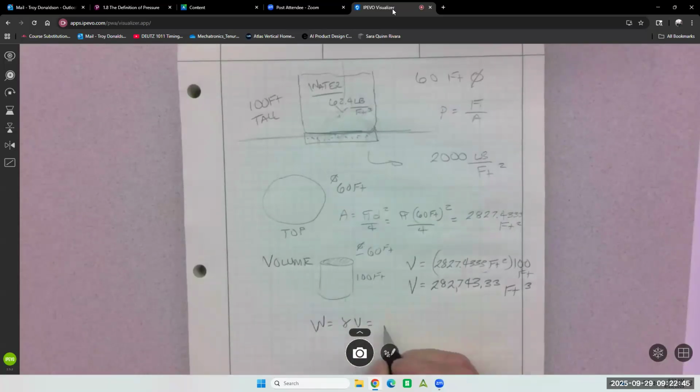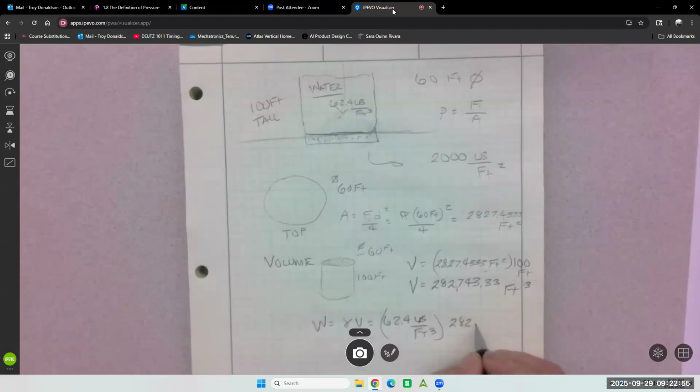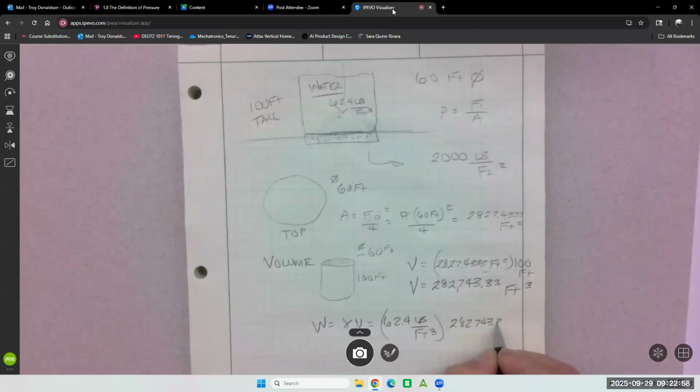So specific weight of water, 62.4 times the volume, 282,743.33 feet cubed, and the feet cubed cross out, and we're left with weight. Our number is going to get huge.